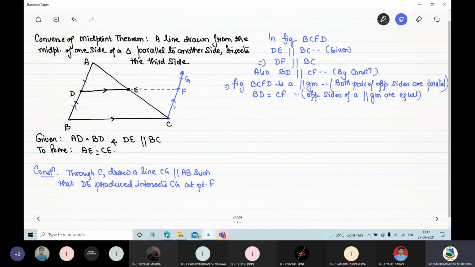So BD जो है वो CF के बराबर हो गया. Now we know that AD is equal to BD and BD is equal to CF. So this further implies that AD will be equal to CF.